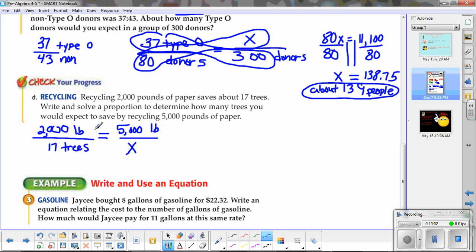Now to solve it, we use cross products. 2,000 times x is 2,000x. And that's going to equal 17 times 5,000. Let's see what 17 times 5,000 is. That's going to be 85,000.